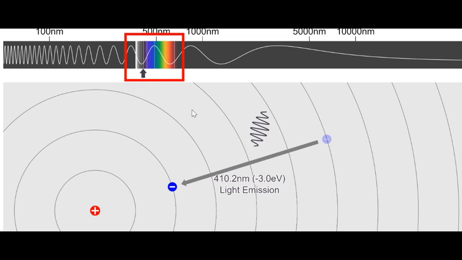So in such kind of spectral series where there is a transition from a higher energy level to n equals 2 level, the emitted radiation, this is your emitted energy, falls in the visible region.